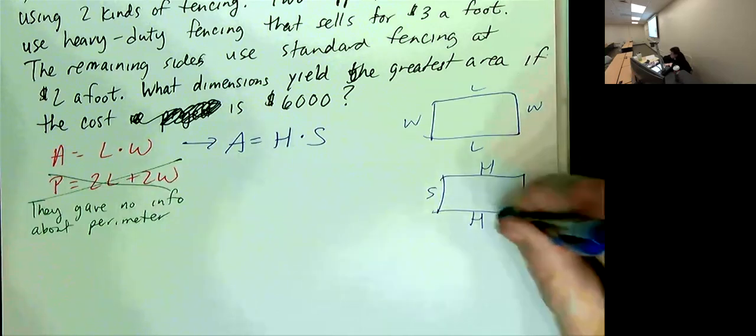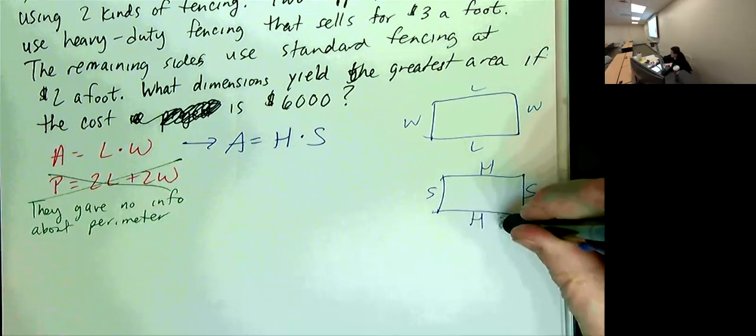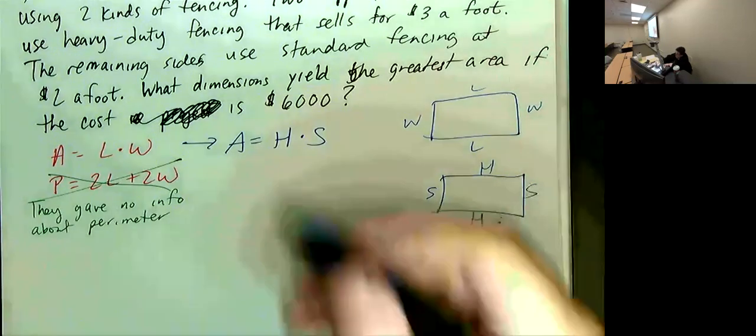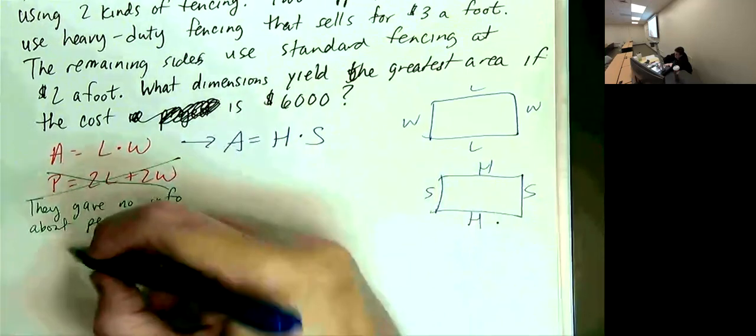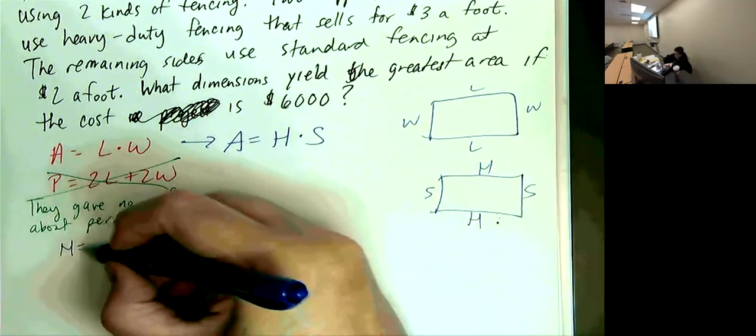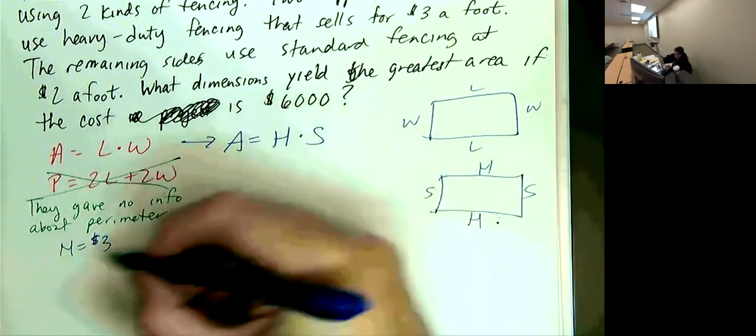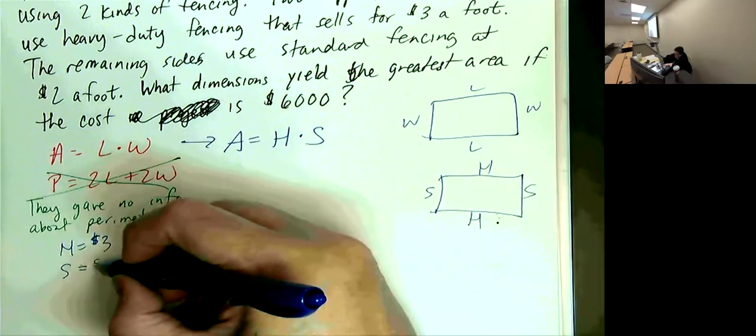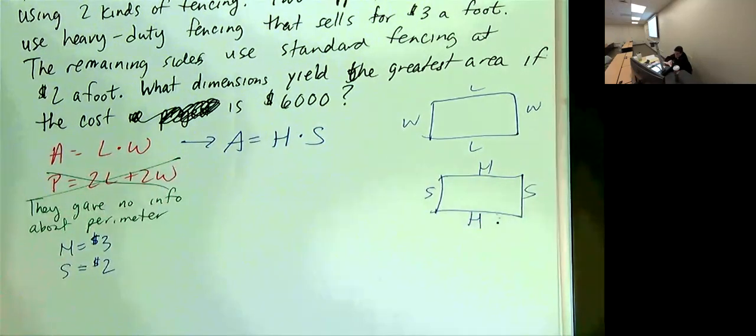We have an equation for cost. We know heavy side is $3 a foot. Standard side is $2 a foot from the problem. And I guess perimeter actually does come in.